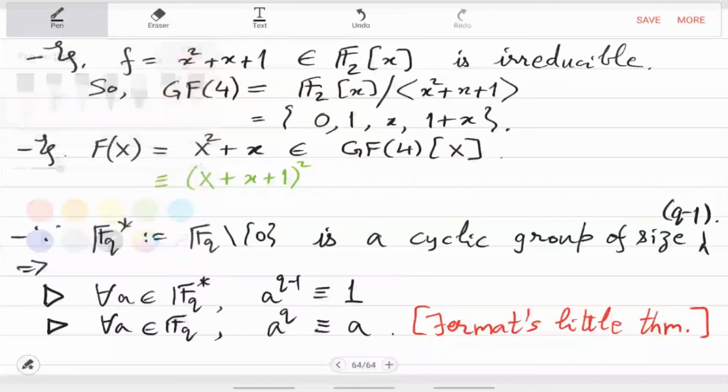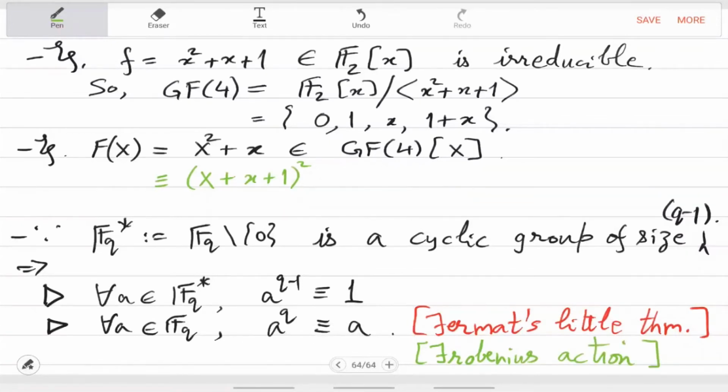This is also called the Frobenius action, that's another name for this. If you raise any element to the field size, that is one of the Frobenius actions.